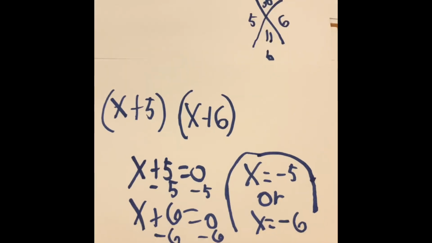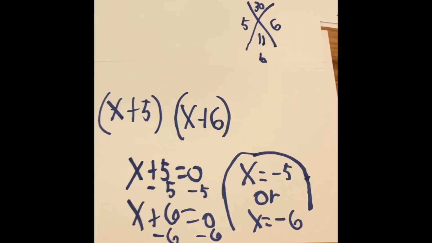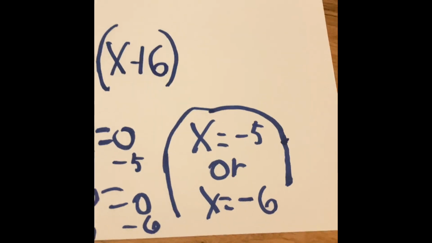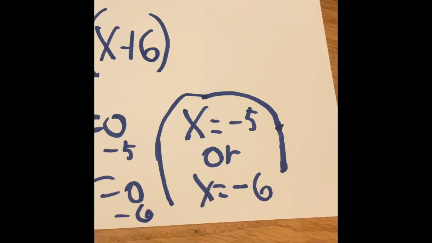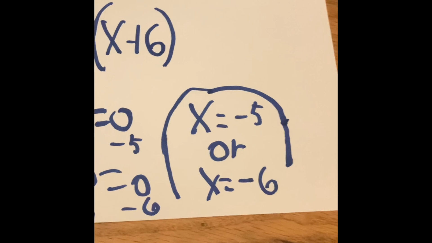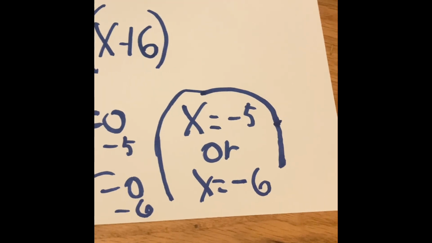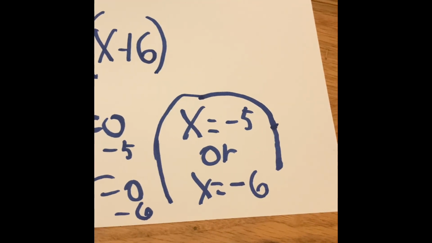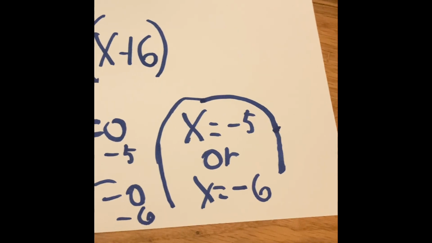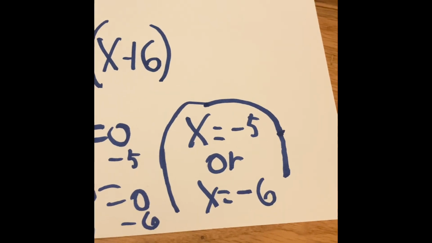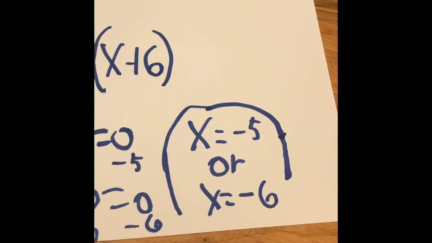Yay! We got the problem correct, because when you saw the parabola, you saw that x equals negative 5, 0, and x equals negative 6, 0 are the points where the parabola strikes through the x-axis.